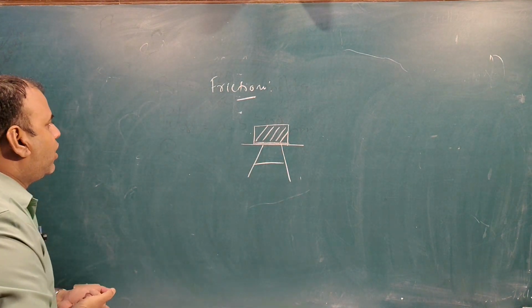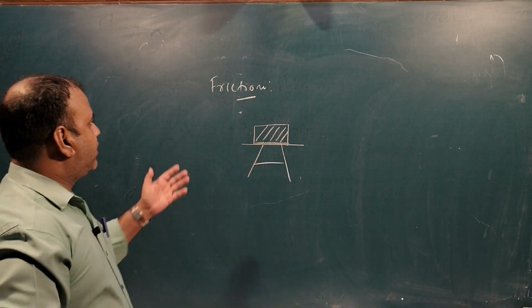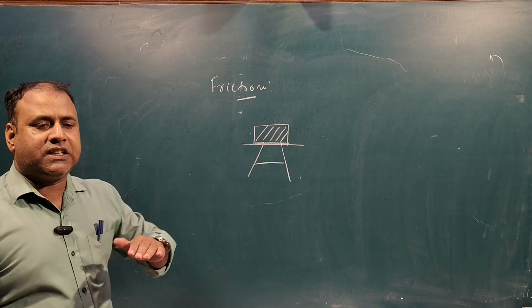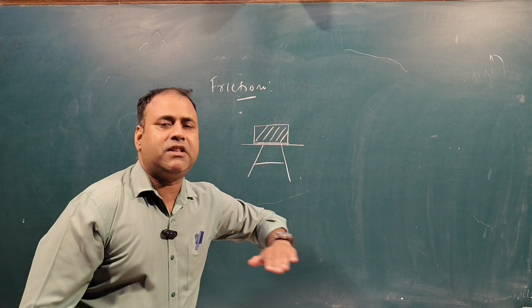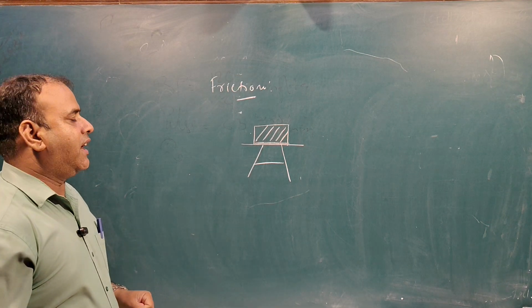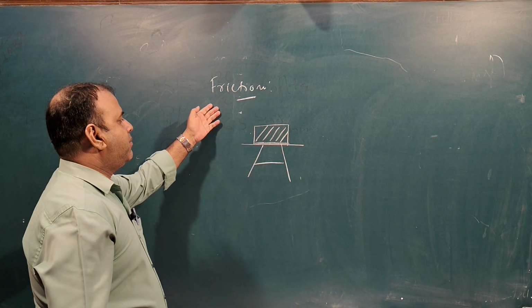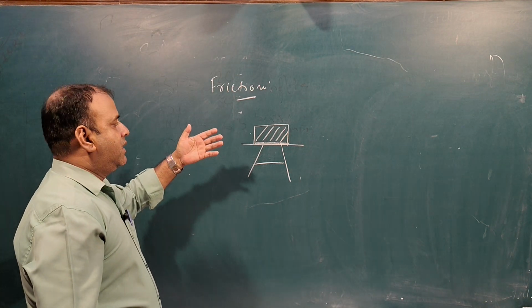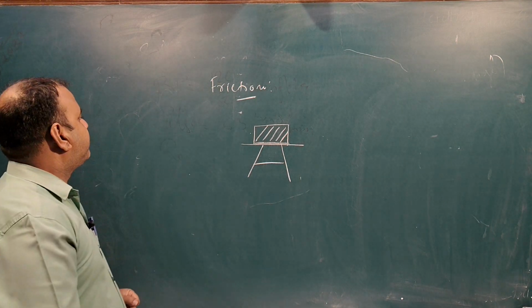Now, what is the definition of friction? Friction basically arises when one object is sliding over the other body, and we can say this is a kind of friction. Friction is possible due to the supply of force.